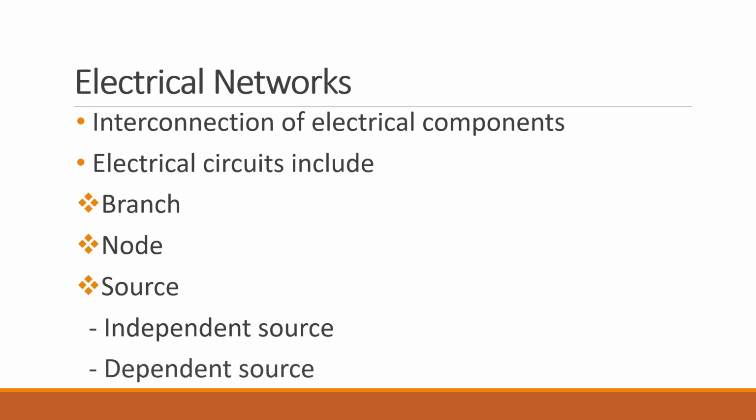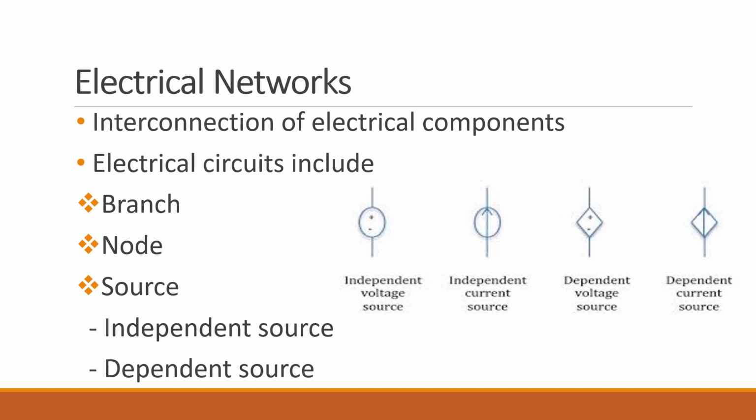The second type of source is the dependent source. A dependent source is a voltage source or a current source whose value depends on a voltage or current elsewhere in the network. The circuit symbols for ideal independent and dependent current and voltage sources are shown in this figure.